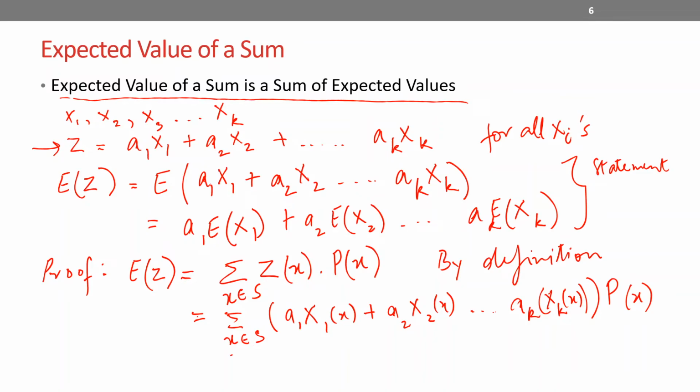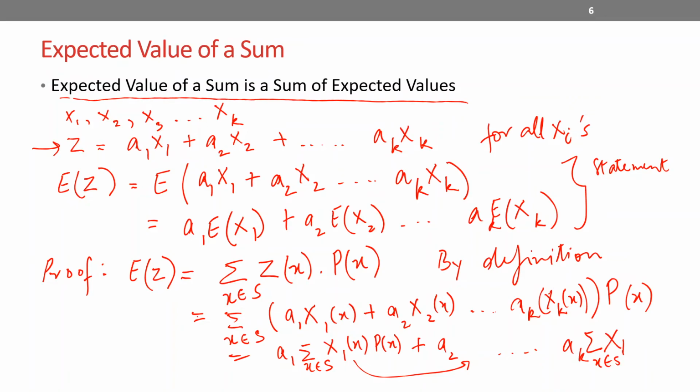And then we can take the constants out of the summation sign, right? So we can have a1 times the sum over all x's in S of x1 of x times p of x, right? Again plus a2, and then a similar expression for x2, and so on up to ak, and then the summation over x belonging to S of xk of x times p of x, right?